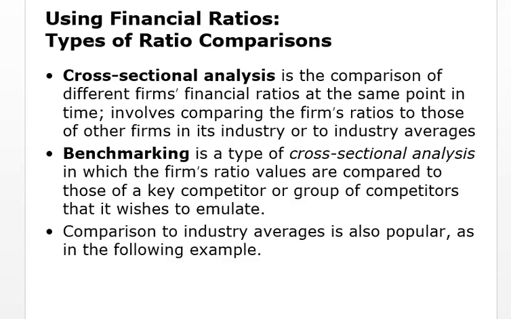Okay, so we have cross-sectional and benchmarking, two ways to do it. Cross-sectional would be a comparison of financial ratios at some point in time, but we're going to do it within an industry. It would be like me looking at your results in the Zoom simulation against all the other companies in the Zoom simulation, all the other teams.